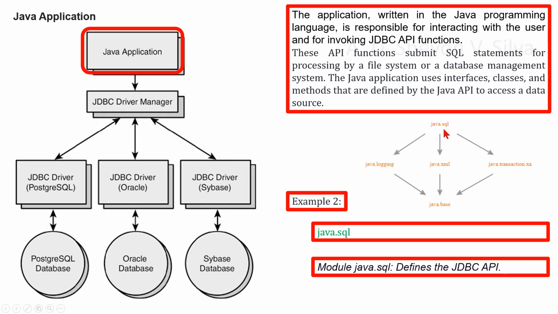Indirect exports include the java.util.logging package from the java.logging module, the javax.transaction.xa package from the java.transaction.xa module, and javax.xml, javax.xml.catalog, etc. from the java.xml module.